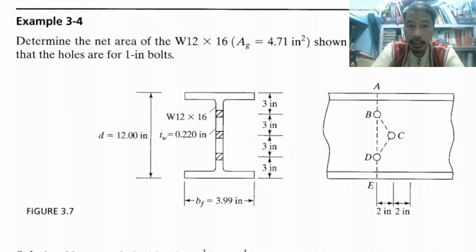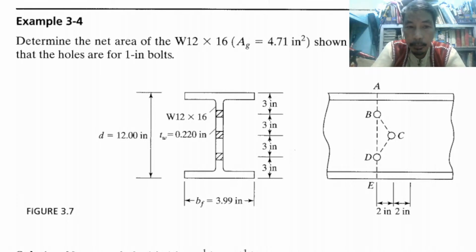So there are 3 holes and another 3 inches to the bottom exterior surface of the flange. So that's why the total depth is 12 inches.